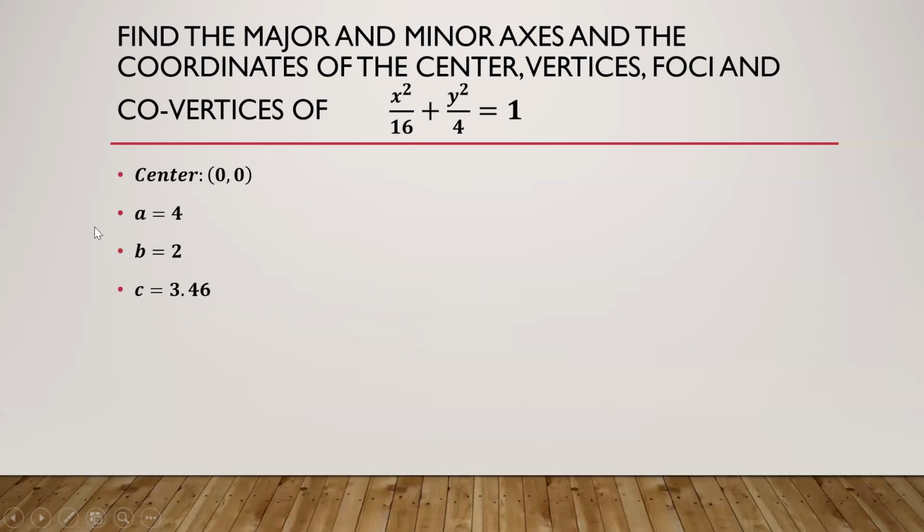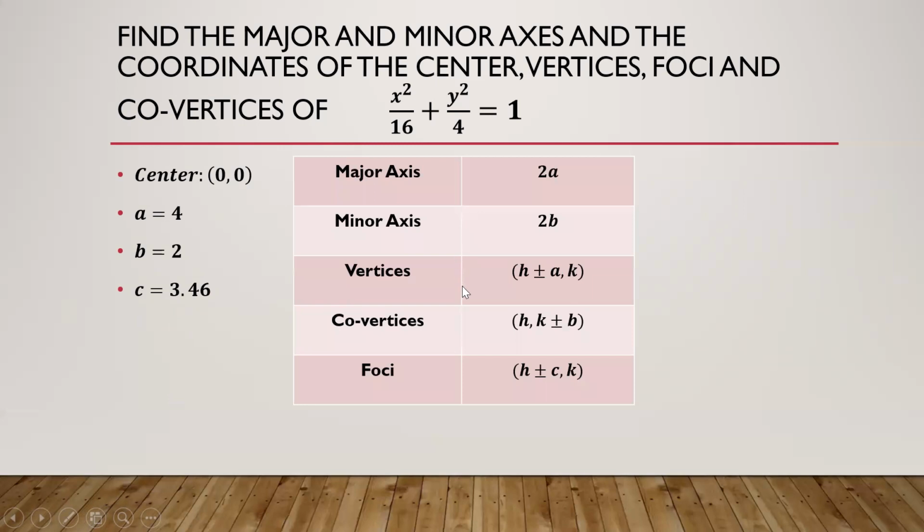Now we have the values that we determined earlier, and we can start to complete the table. So first, our major axis is simply 2a, and our minor axis is simply 2b.